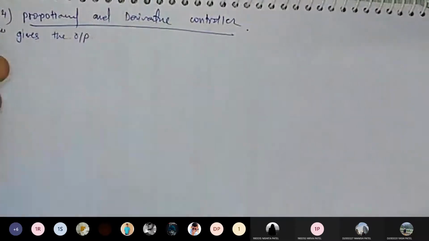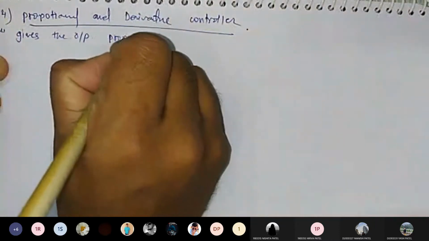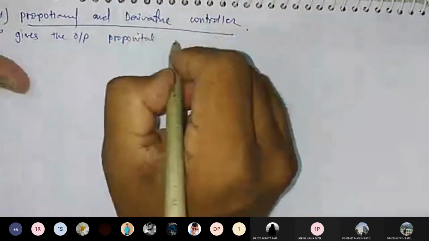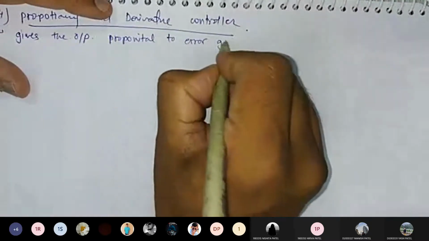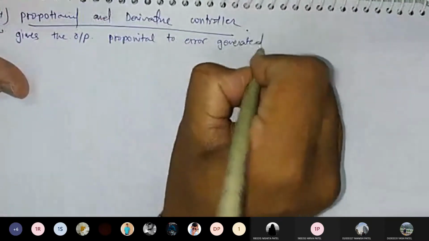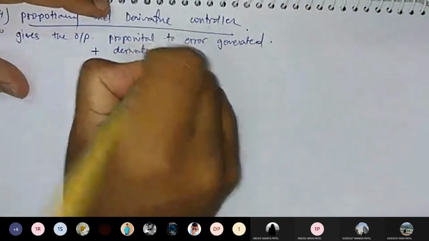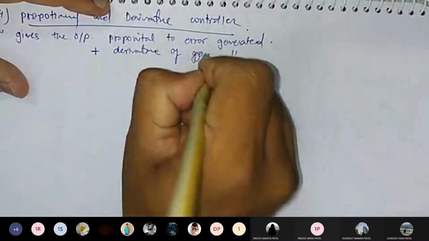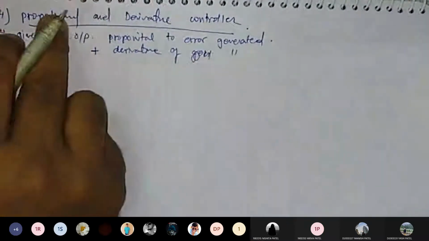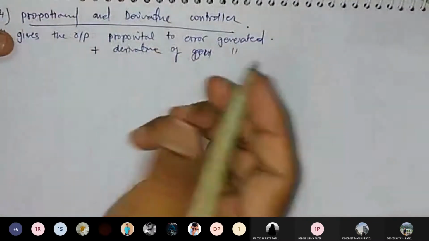It gives the output proportional to the error generated plus the derivative of the error generated. It is a combination of both: proportional to the error generated and the derivative of the error generated.